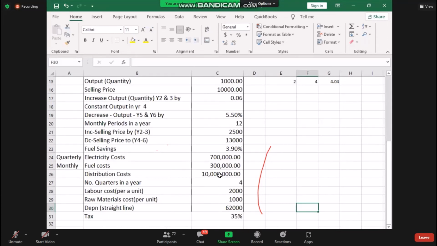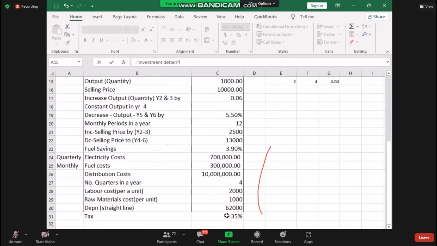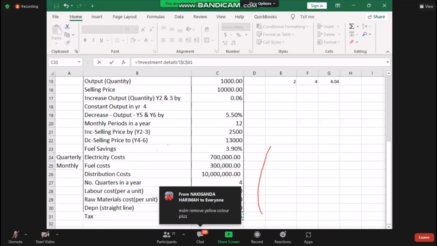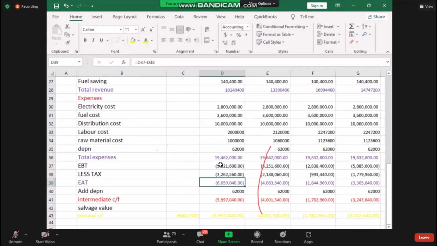I just put the equal sign, then picked my tax percentage, the 35. I fixed it because it is going to be used all through, and I multiply it by the earnings before tax, and I entered.